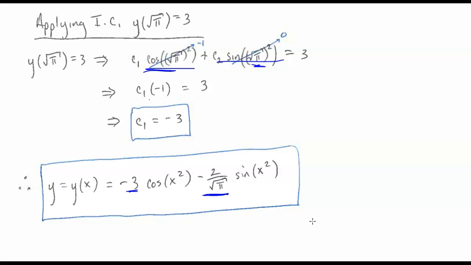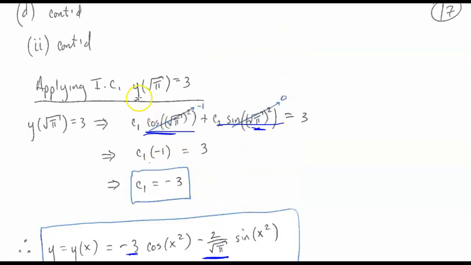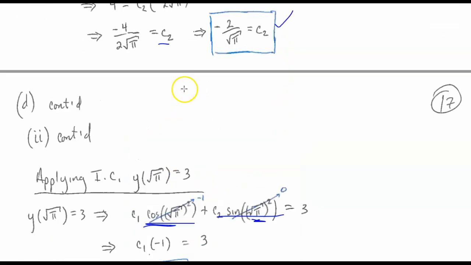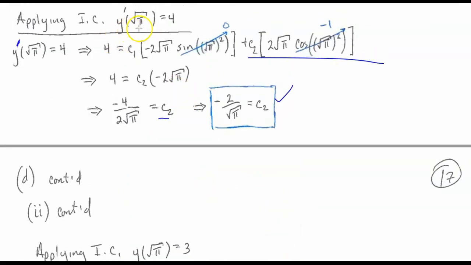In this case, we found a particular solution, meaning that C1 and C2 were found, and a unique solution, because this is the only solution that will have the properties that y of square root of pi is 3 and y prime of square root of pi is 4.